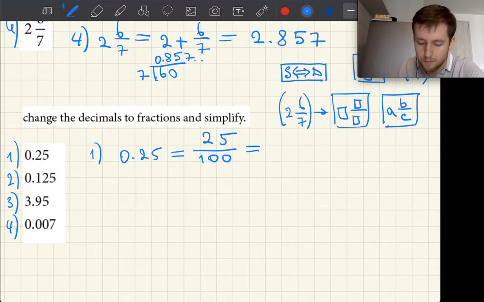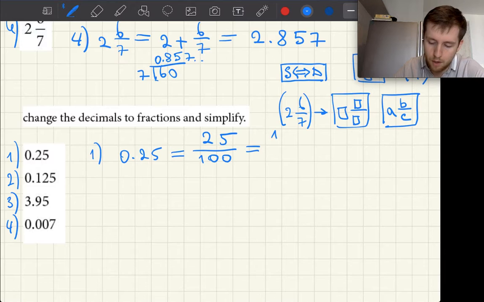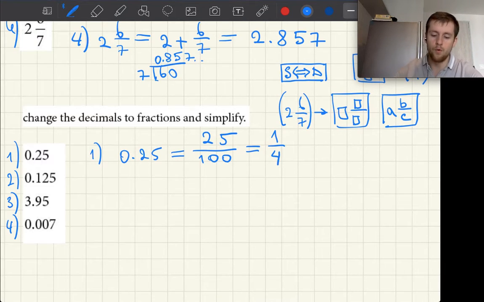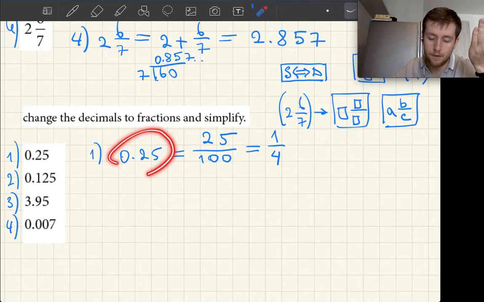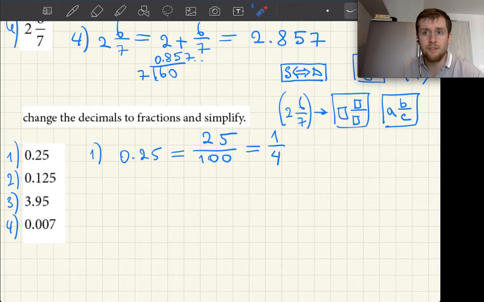Again, it can be simplified. It's going to become 1 over 4. If you think about how you read this number, actually it's 25 hundredths. So a decimal is just a specific variation, I would say, of a fraction. So it's easier to convert it this way.